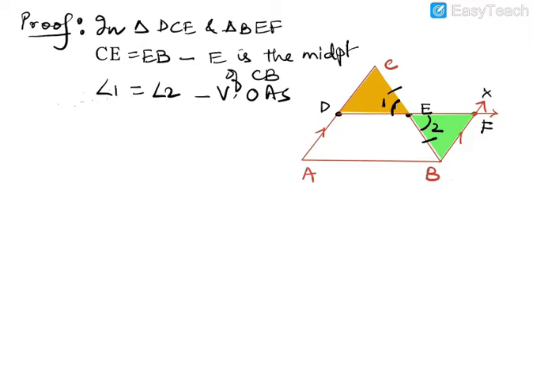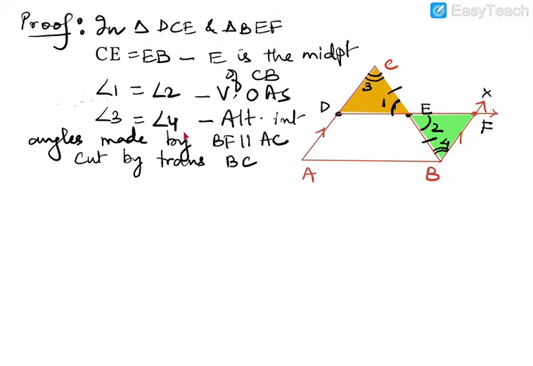And we can mark angle C and angle FBE equal. Let's mark these angles as 3 and 4. Why are they equal? Because we have drawn BF parallel to AC. So if we take CB as the transversal, then angle 3 and angle 4 form alternate interior angles.